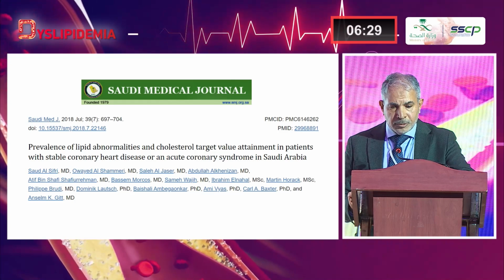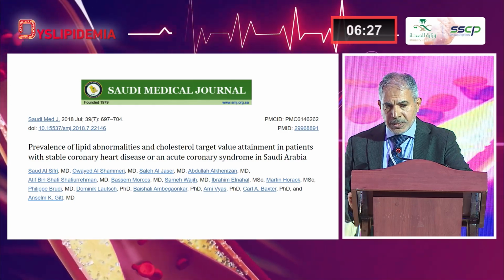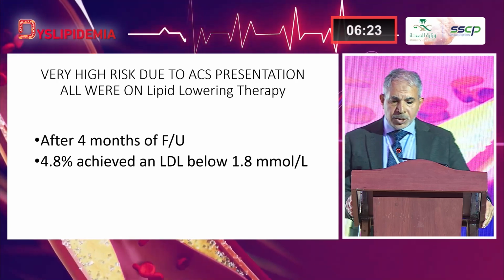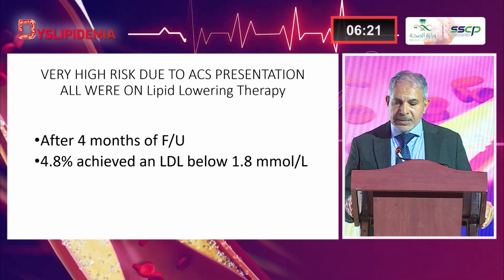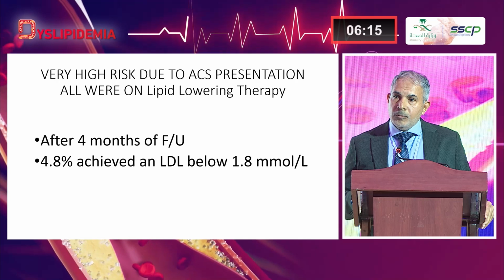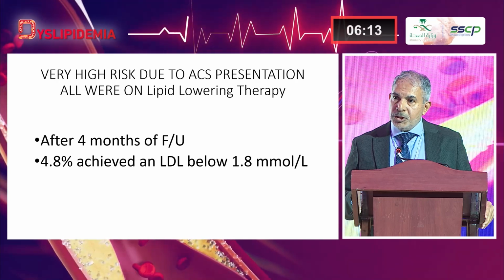The most recent of the publications was 2018, and this included very high risk patients because they all presented with ACS and they were all placed on lipid lowering therapy. This was an observational study.